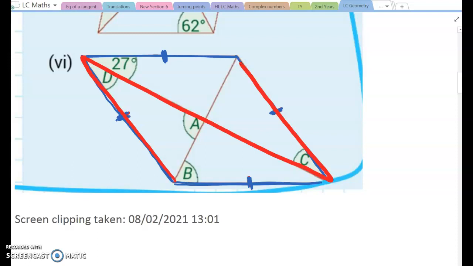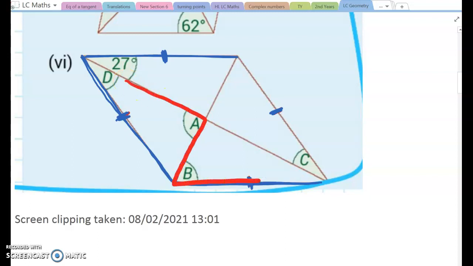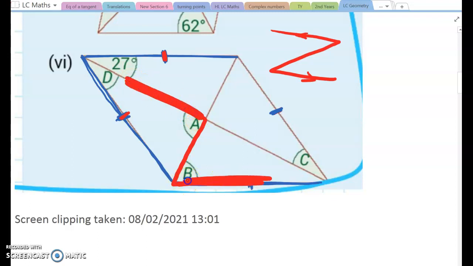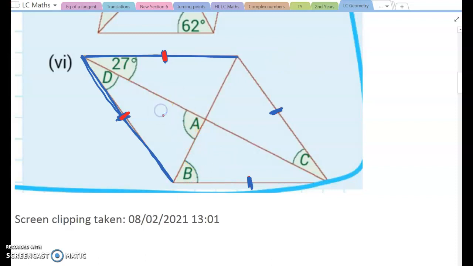That's not helping. There's no Z's here that are helping. So can I try this? No, that's not a Z. The two lines have to be parallel to each other, and you can see that this one up here is going in a totally different direction to that one there. So it looks like alternate angles aren't really going to help us for this. So we have to come up with some other method.